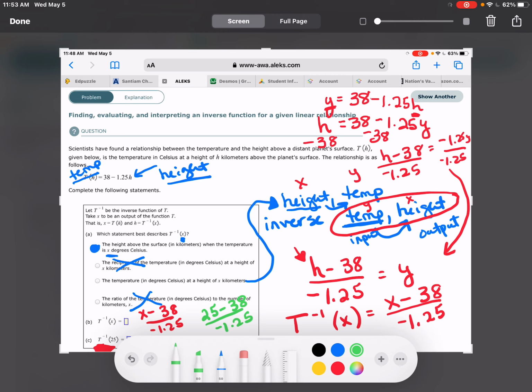You can use a calculator for that. 25 minus 38 equals, and now I'm going to hit divided by negative 1.25, enter, and I get 10.4. All right, if you would remember this, we're going to go look at the answer that they give. I think they're just going to rearrange things just a bit with the negative, and I don't think they would actually count it wrong if you left it the way it is.